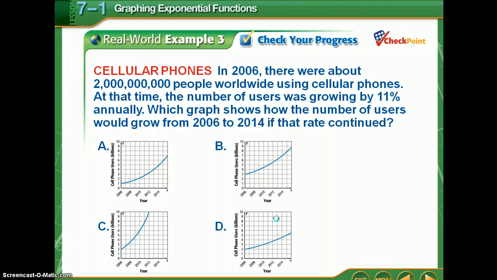So now I would like for you to use that same function to find the answer to this cellular phones problem. Pause for a moment, then we'll come back and check your answer. Good job. You got the answer D? Excellent.